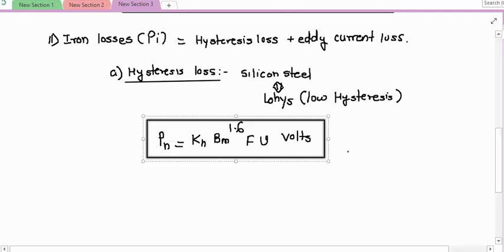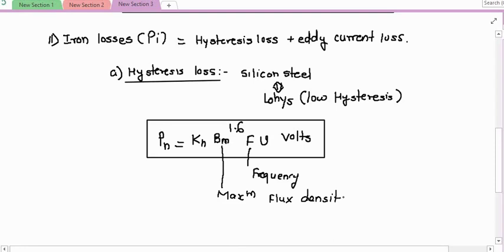All this you have studied in material science. So Ph is equal to Kh Bm raised to 1.6 f v. What is f here? f is the frequency. What is Bm? Bm is the maximum flux density. What is this small v?